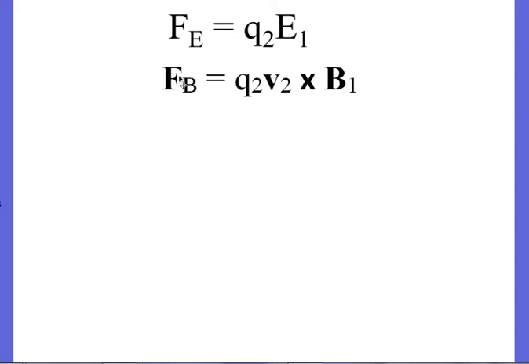But note that the force is always perpendicular to the velocity, so it will never change the magnitude of the velocity. It will never change the kinetic energy. It will only change the direction and cause it to go in a circle, as we'll see in a subsequent slide.